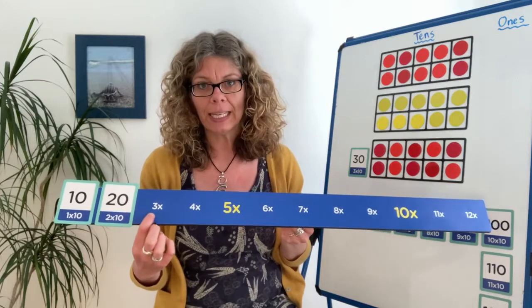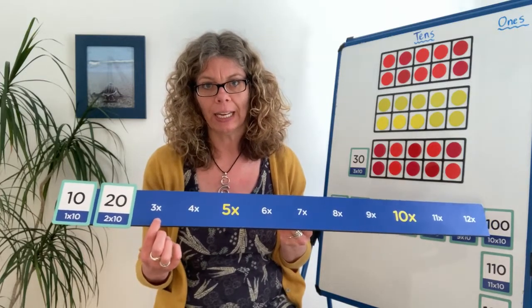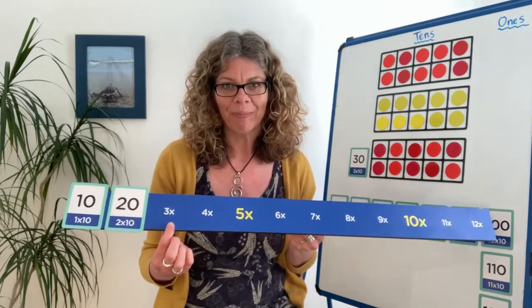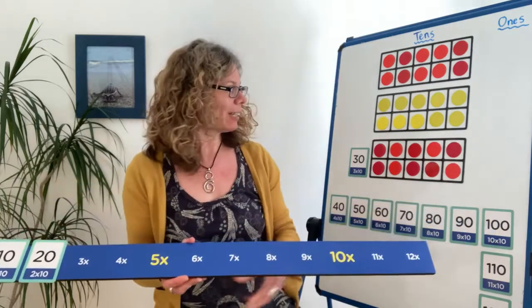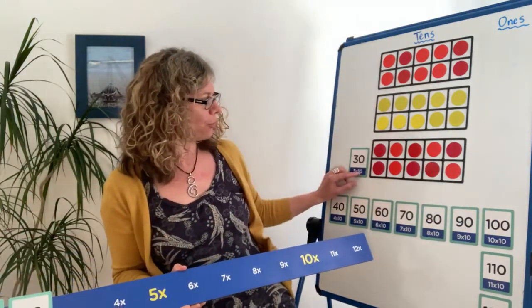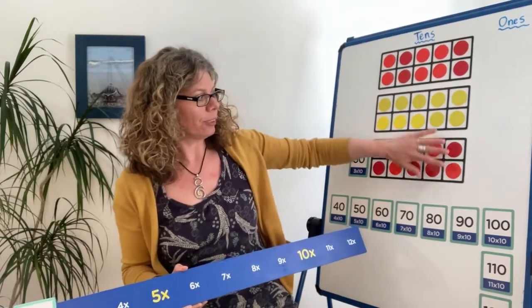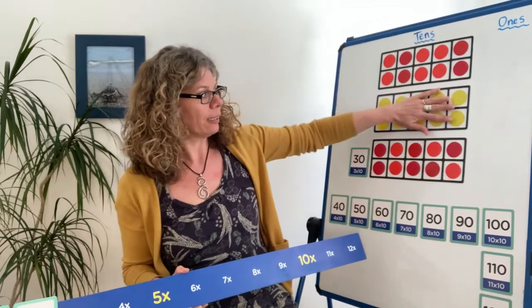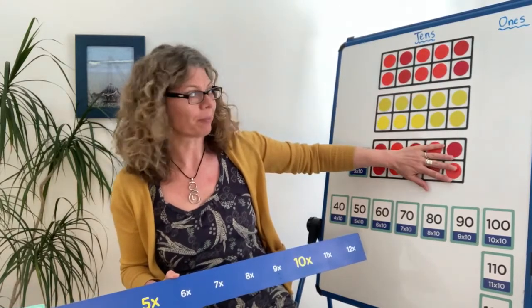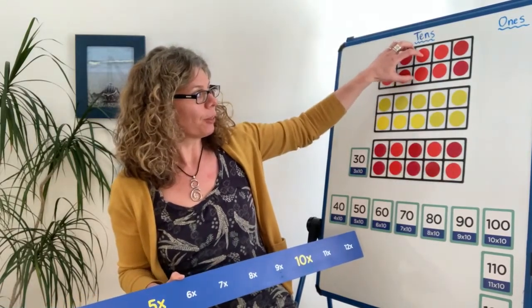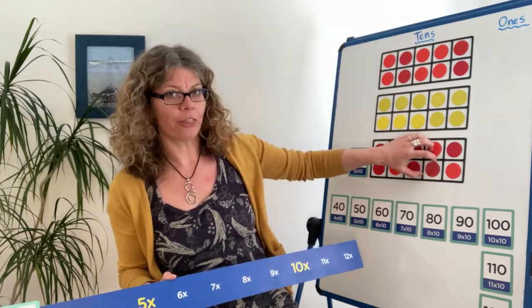Okay, so 3 times 10 or 3 lots of 10 or 10 and 10 and 10, almost the same, doesn't it? So let's have a look at that. So 3 lots of 10 means 1 lot of 10, 2 lots of 10, 3 lots of 10. So that means that we've got 10, 20, 30.